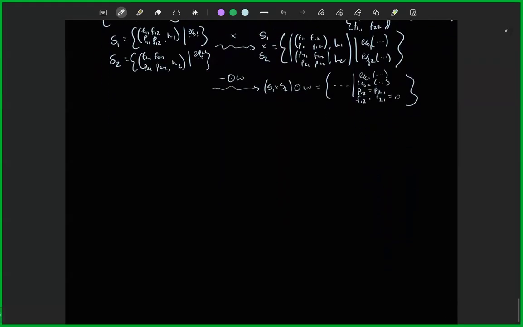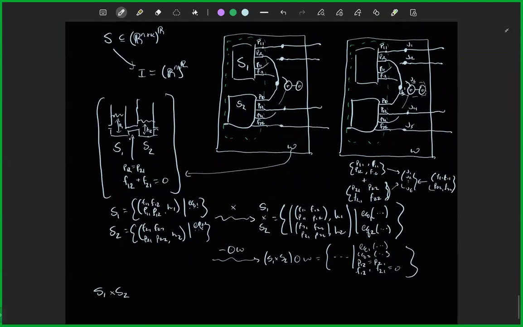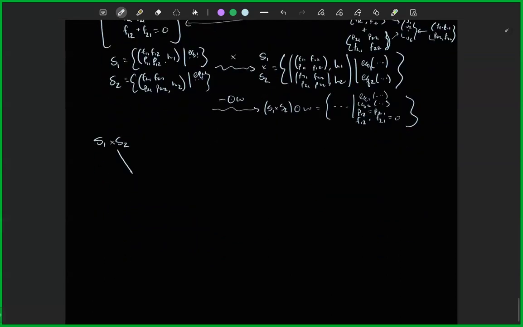So what does that mean? Again, we have this big thing. Now we have S1 times S2. One of the things to note is that none of these variables referred to the height. The height was determined internally. So we have our projections here, I1, I2. And then over here is what I'll call I3, which is equal to the set of the variables P11, F11, P22, F22.